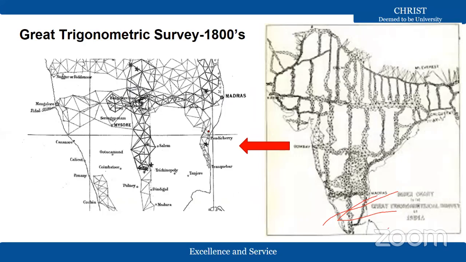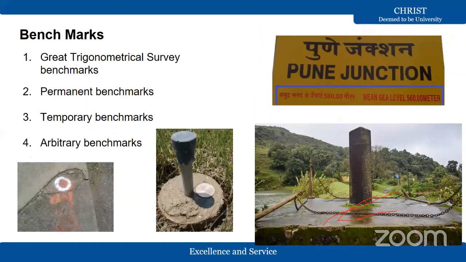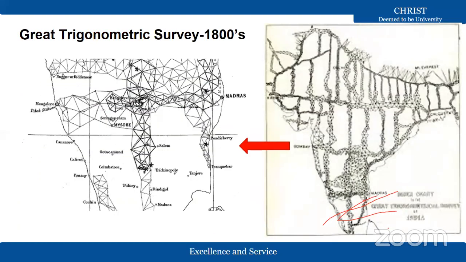These are the points they established all over India in the 1800s. This is the triangulation network they carried out from 1800, and it took almost 50 years to finish the survey using a theodolite.